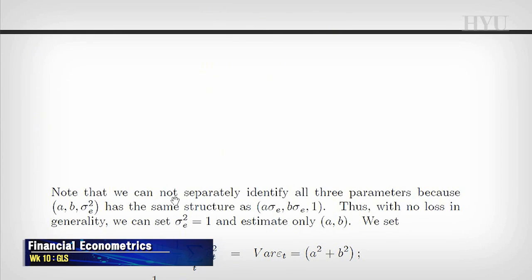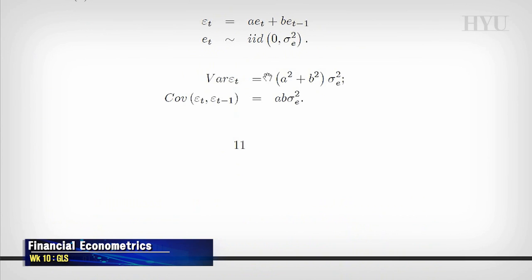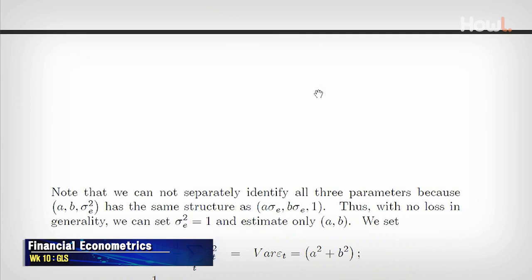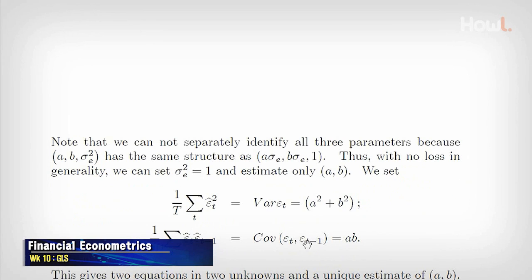Note that we cannot separately identify all three parameters in this case: a, b, and the variance sigma e squared, because the structure of a, b, sigma e squared is the same as that of a times sigma e, b times sigma e, and 1. So with no loss of generality, what people usually do is impose sigma e squared as 1.